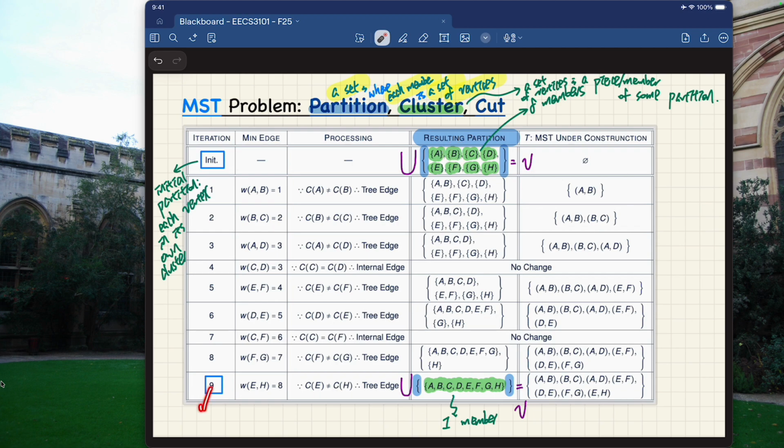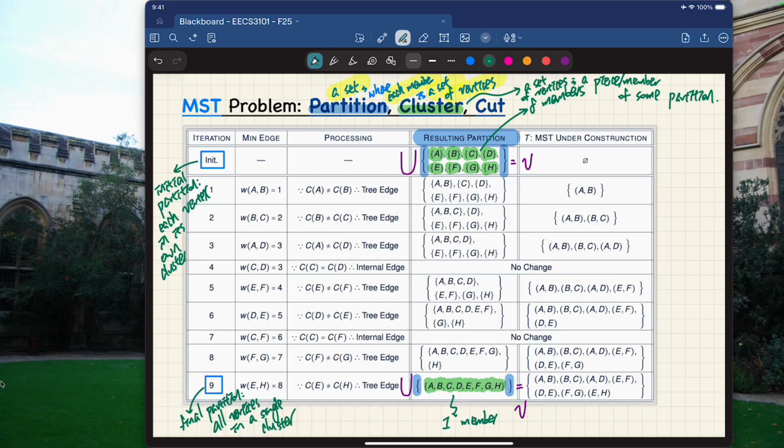But in the final configuration, it's kind of the opposite. In the final iteration, all the vertices will be in a single cluster. That's where we know that we should really stop. So in the final partition, all vertices are in a single cluster.